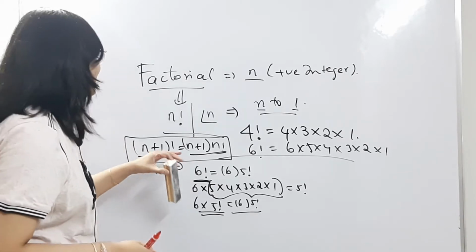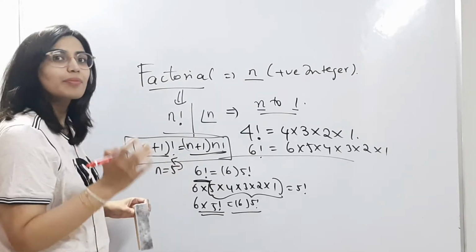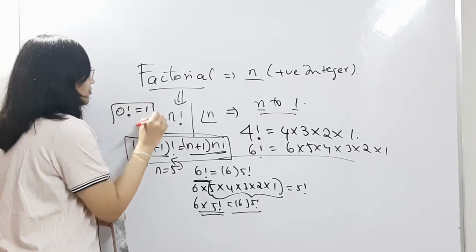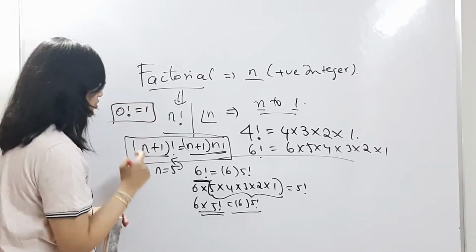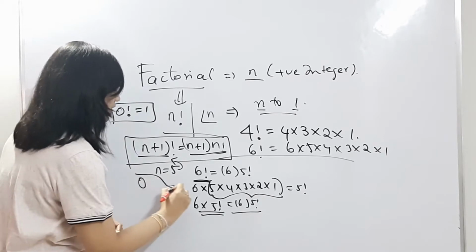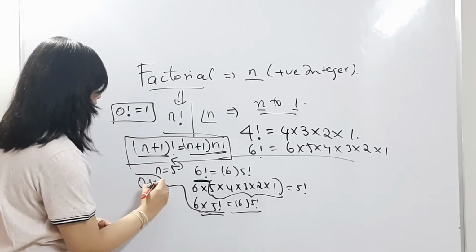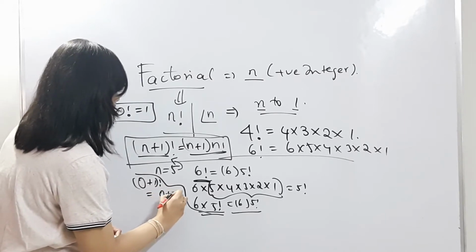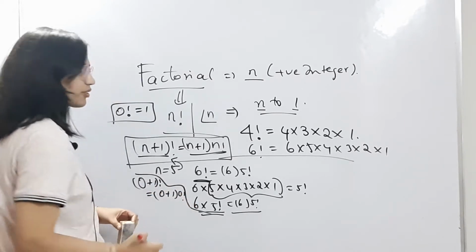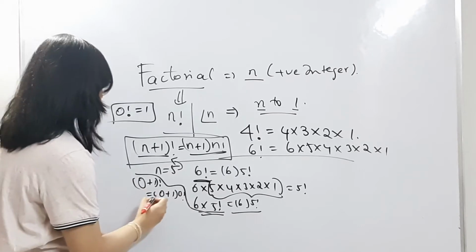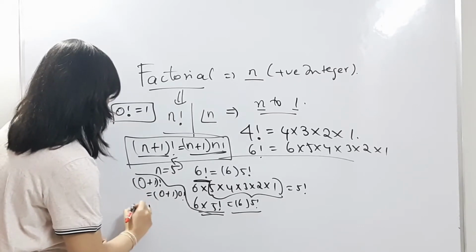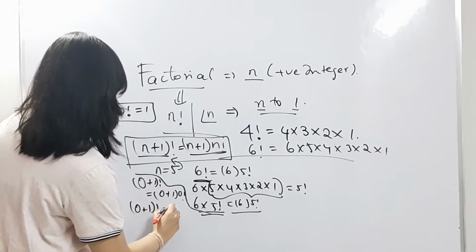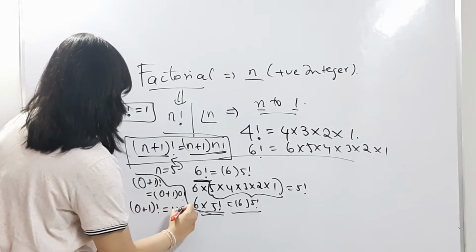Using this only, you can clearly say that 0 factorial is 1. If you substitute n as 0 here, what do we get? 0 plus 1 whole factorial is equal to 0 plus 1 into 0 factorial, right?